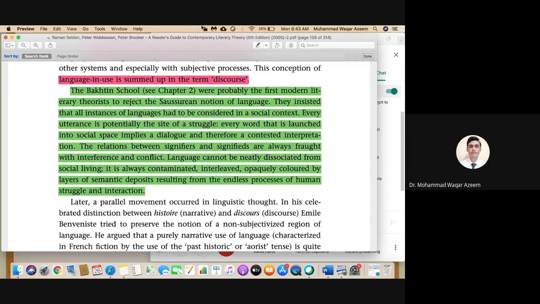Now, the Bakhtin school were probably the first modern literary theorists to reject the asocial notion of language. They insisted that all instances of language had to be considered in a social context, right? Every utterance is potentially the site of a struggle. Every word that is launched into social space implies a dialogue, and therefore a contested interpretation.